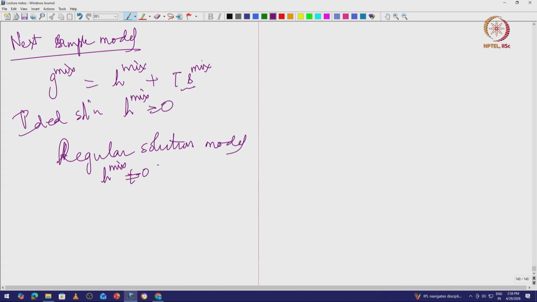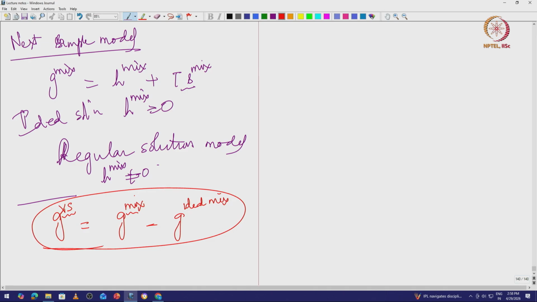Now, let us define another quantity just to confuse you even more. I am going to define another quantity called G excess, the excess quantities. The way I define these excess quantities is I am going to look at my solution and always compare it with the ideal solution. So, how much is my G more or less compared to the ideal solution, those are called the excess quantities.